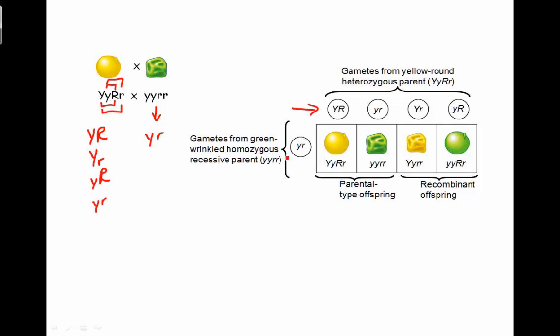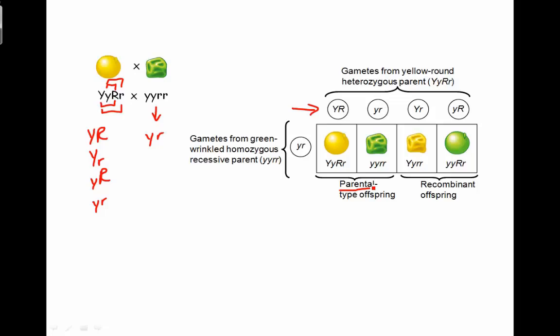If we go through and fill in the boxes, looking directly across and directly above, just as we did before, we can also assign the phenotypes of the individuals. Notice that the first two boxes here look like the parents. These are what we call parental offspring.